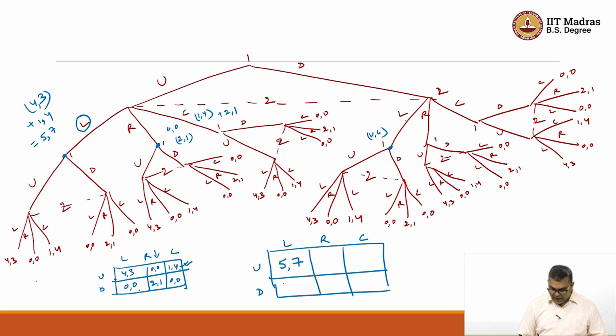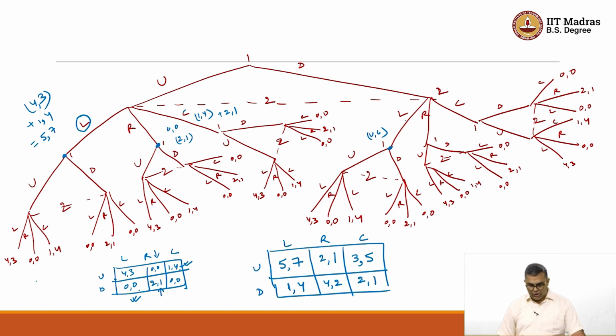So we can add 1 comma 4 into L comma D. So this is going to be 1 comma 4 because earlier it was 0 0, and in all remaining boxes we can add 2 comma 1, because this is the Nash equilibrium, which is very much possible. So here if we add 2 comma 1, we get 2 comma 1. Here we will get 3 comma 5. Here we get 4 comma 2, and here we get 2 comma 1.